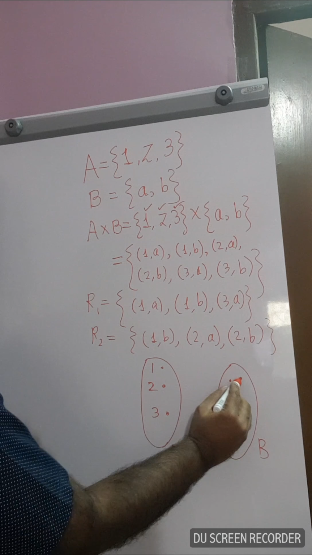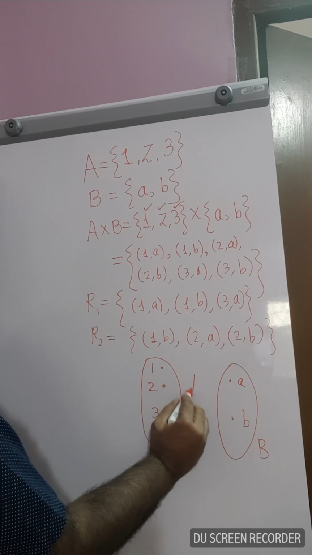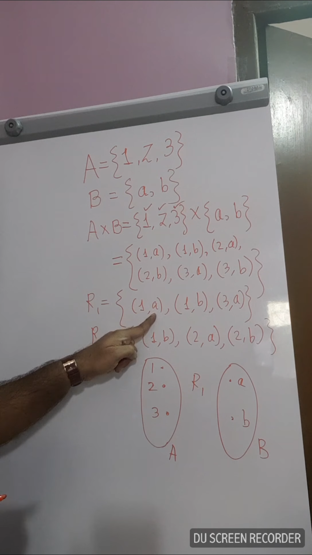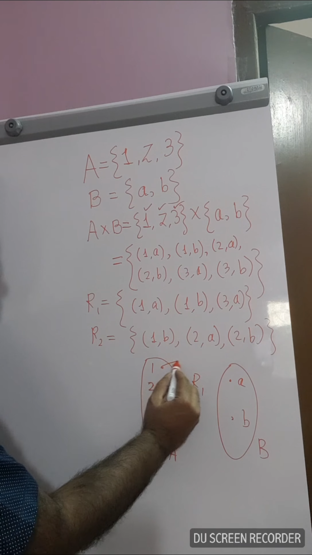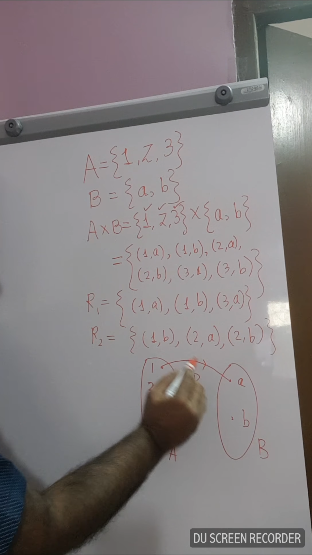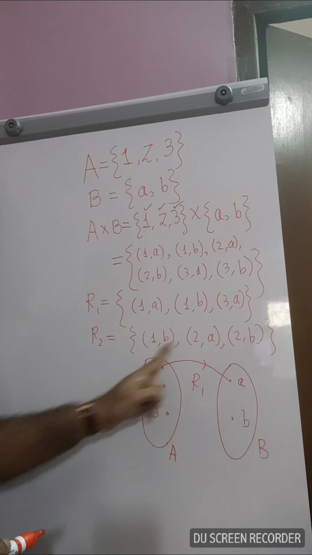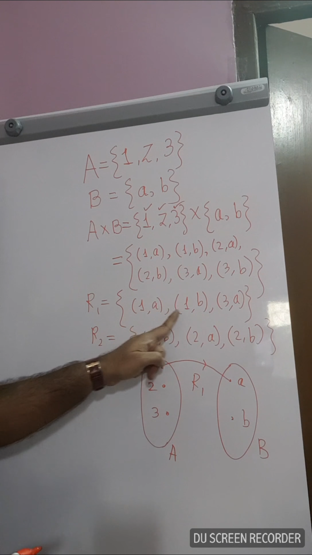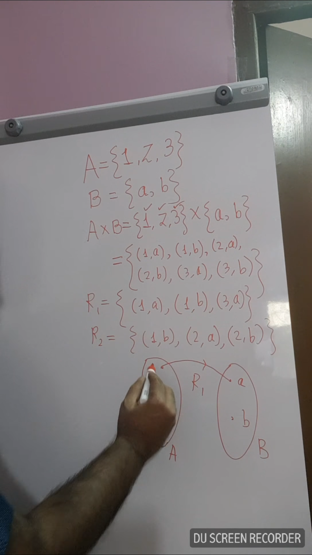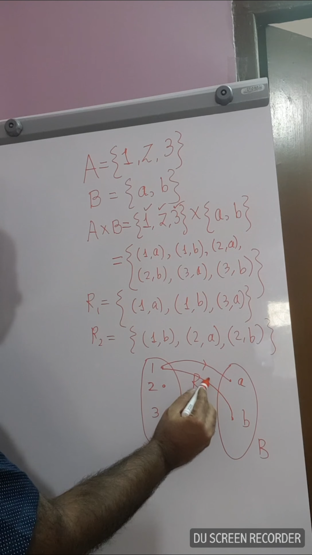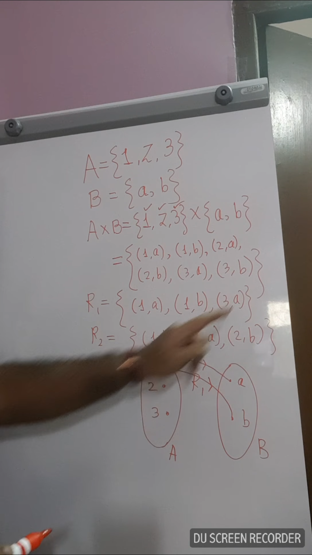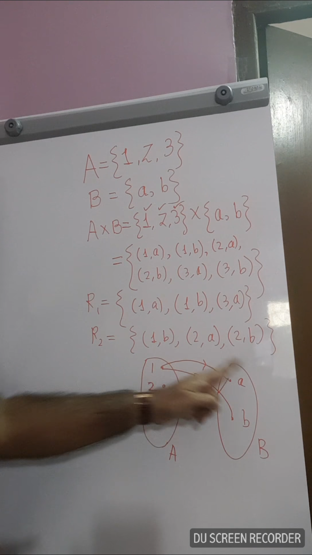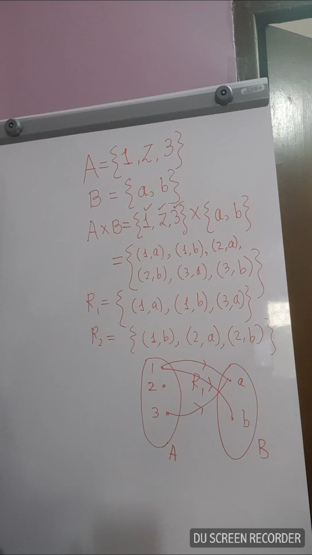These are the elements of B, A and B. Now under the relation R1, as you can see here, 1 is associated to A. So we associate 1 to A by an arrow. This is known as arrow diagram because we show the association by such an arrow. So 1 is associated to A, 1 is also associated to B. So again we link 1 and B by another arrow. And 3 is associated to A. So 3 is linked to A. So this is the diagrammatic form of the relation R1.